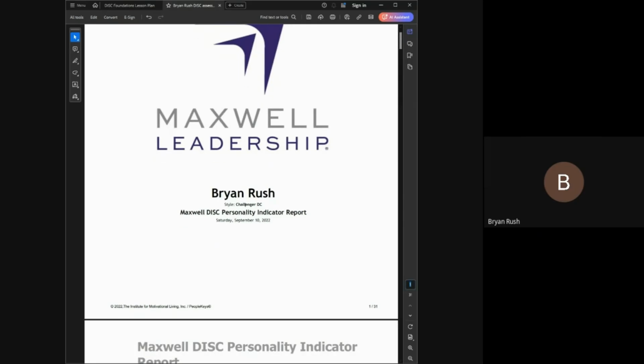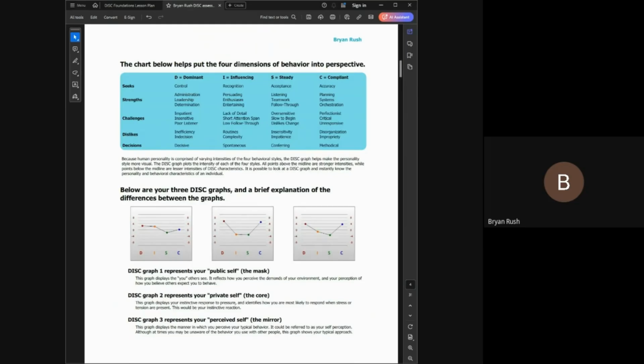We're going to jump to page 4 in the report. Page 4 is a summary chart. It's going to tell you what the different letters mean up in the top in the blue area. It's going to tell you what the different styles seek, what their strengths are, what their challenges are, dislikes, and how they make decisions. So just page 4 alone, the blue area is incredibly valuable.